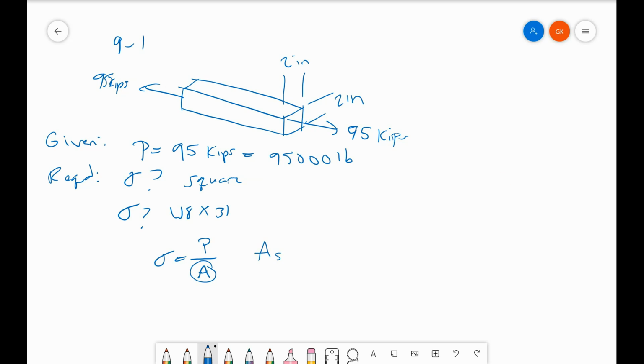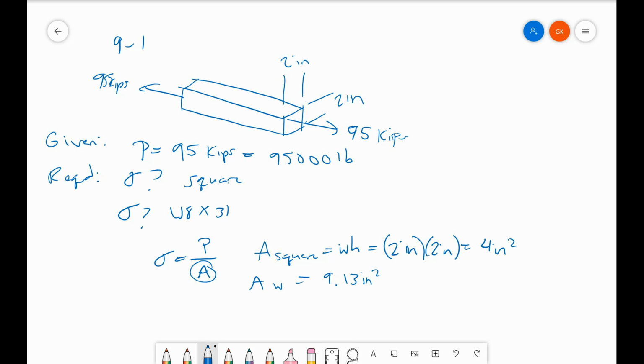So area square is going to be equal to the width times the height, which is going to be equal to 2 inches times 2 inches, 4 inches squared. The area of the W8x31 member is in Appendix A. You don't have to calculate it. I'll just say A_W, and it's equal to 9.13 inches squared.